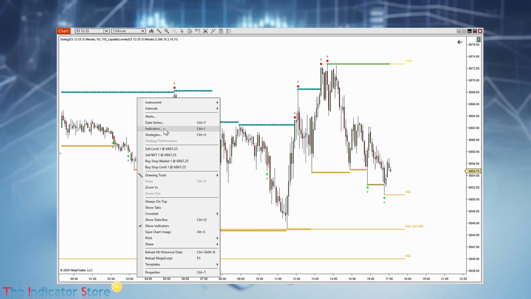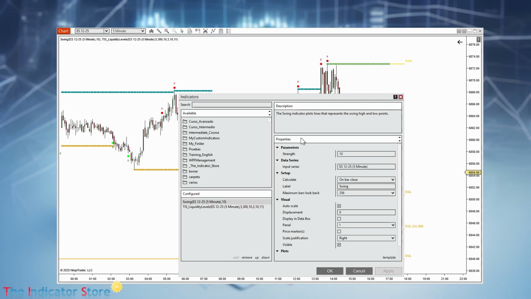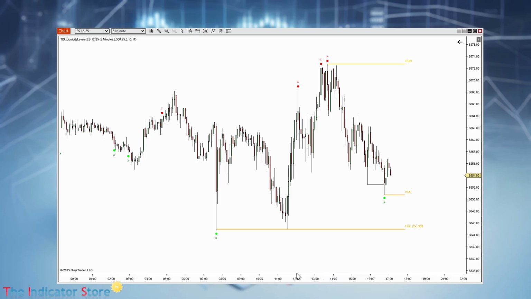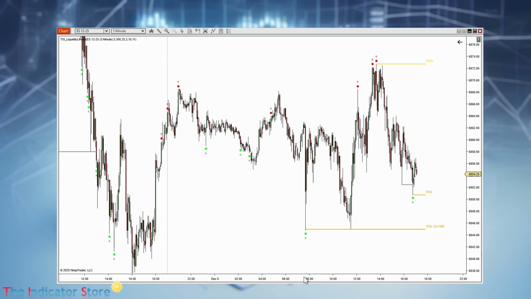Let's remove the other indicator so it is clearer what it is doing. So I remove the swing. We can try with 25 to the left, and when we are 3 bars to the right of the possible pivot, then we can consider that a pivot.